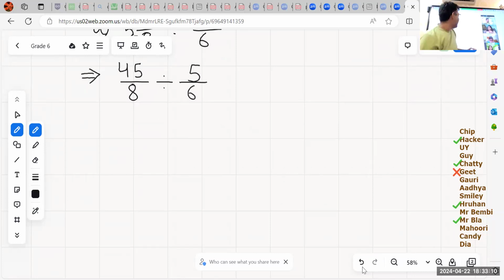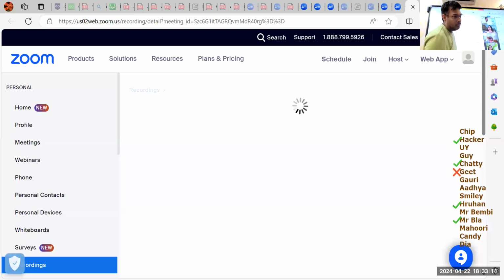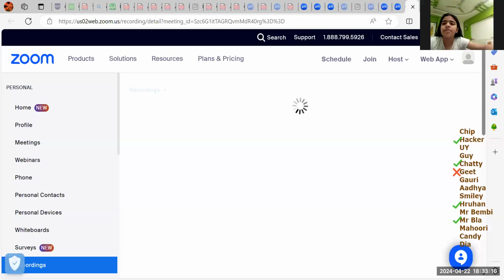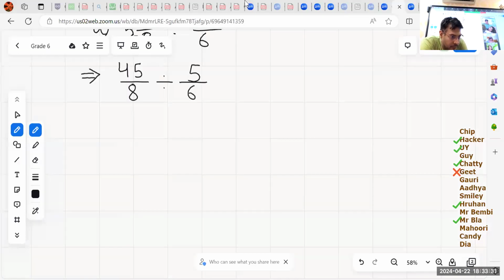You know the method? इसके बाद क्या करना है कि you don't know? Sir, I don't know. You don't know. You know how to multiply fractions? Do you know how to multiply fractions? I'm waiting for you, बेटा. आपको multiply करने fractions आते हैं?